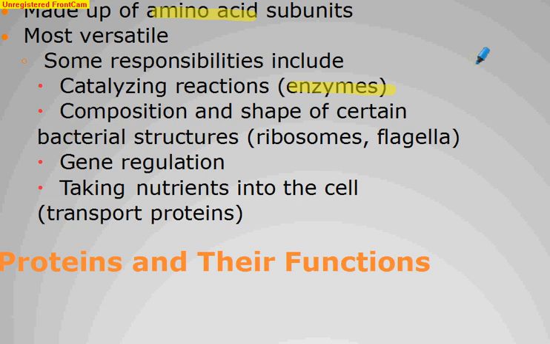And then taking in nutrients. I know that in biology we studied transport proteins. They are embedded in the cell membrane and they help the cell get things in and out as needed. So all of these make up the role of proteins in the cell.